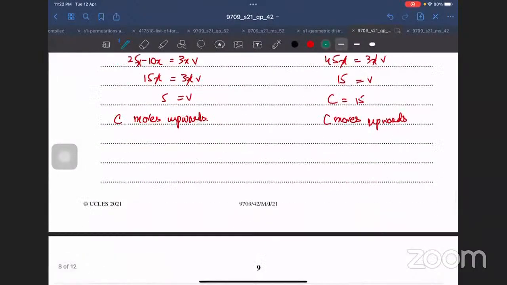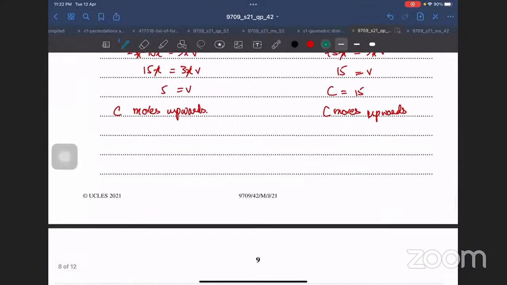So what will happen is C is going to move upwards. It is starting off with a velocity of 5. It has an acceleration of -10. It's going to reach its maximum height.